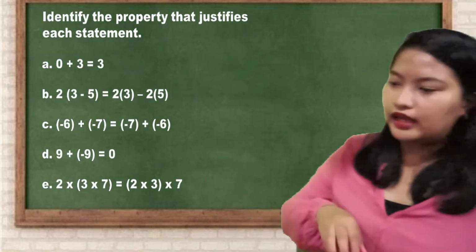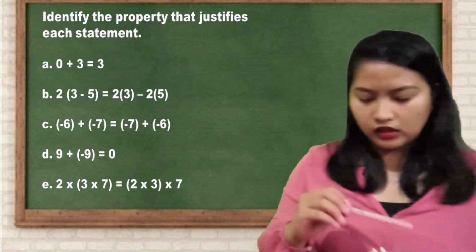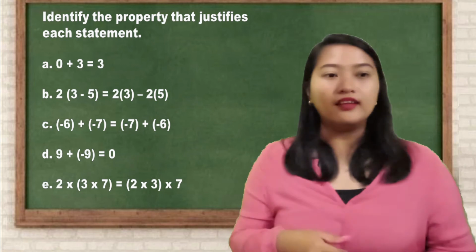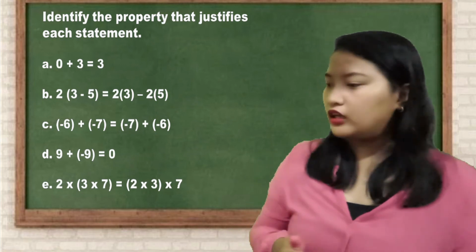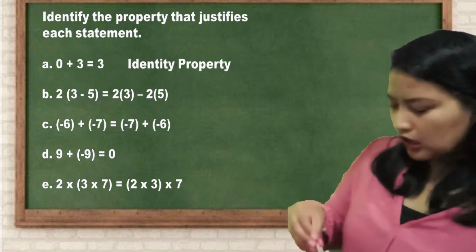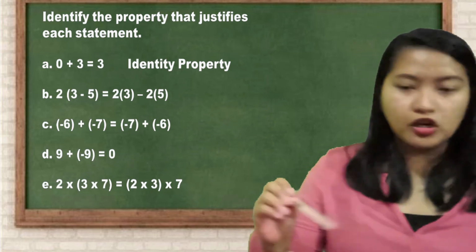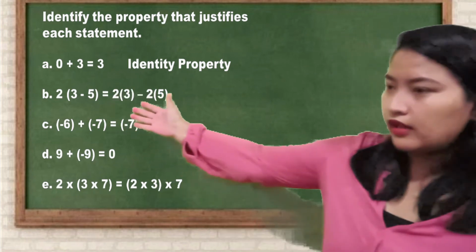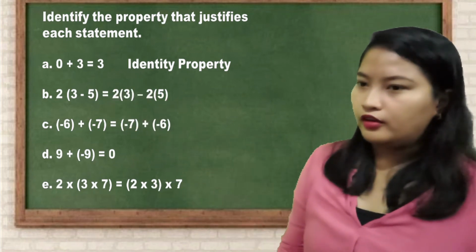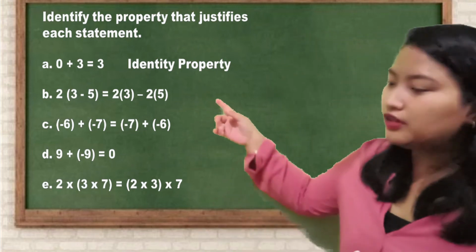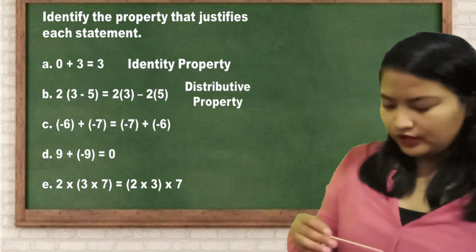Okay, let's start with letter A. Let me call on Fiona. Fiona. Yes, Fiona. Okay, very good. 0 plus 3 is equal to 3 is identity property. Next, John. Yes, John. Okay, read first the mathematical sentence. Very good. You got a distributive property.